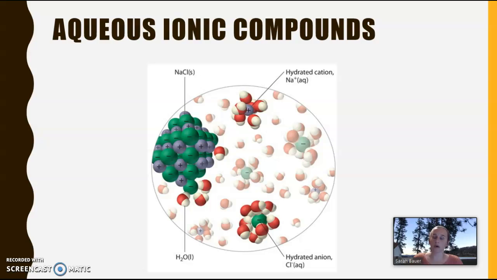And I think it's really important, even though we might write it as NaCl and then have the (aq), aqueous, next to it, that we mentally translate that into realizing that they're actually dissociated. They're not next to each other. They're spread throughout the water, engaged in, I always kind of think of it as this big dance party, you know, dance with this water molecule and then get pulled away and dance with this, and they're spread throughout. And that's what the dissolving of an ionic compound looks like.